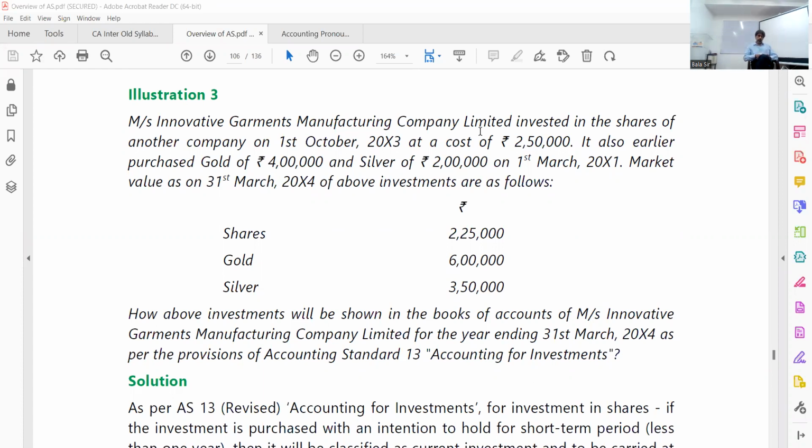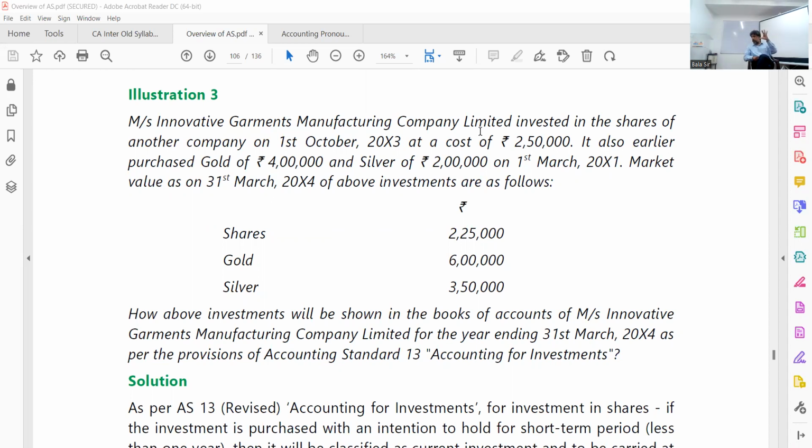Read illustration 3. Messrs Innovative Garments Manufacturing Company Limited invested in the shares of another company. Let's say you represent Innovative Garments, and you have invested in shares of another company on 1st October 20x3 at a cost of rupees 2,50,000.